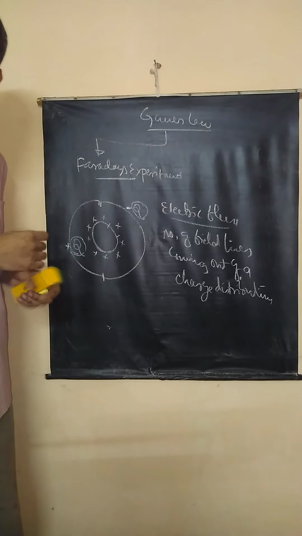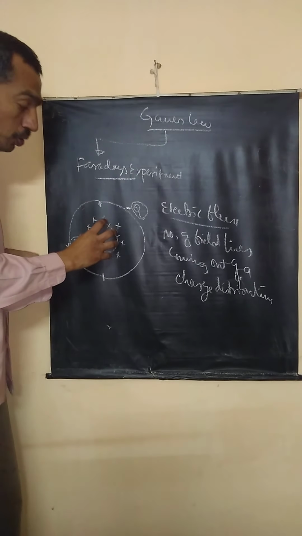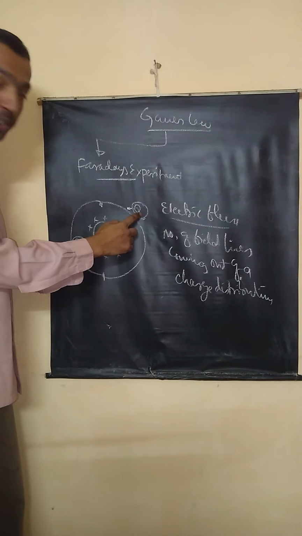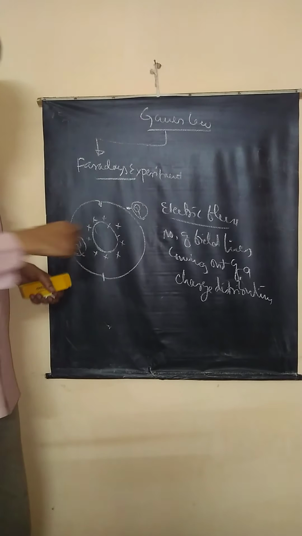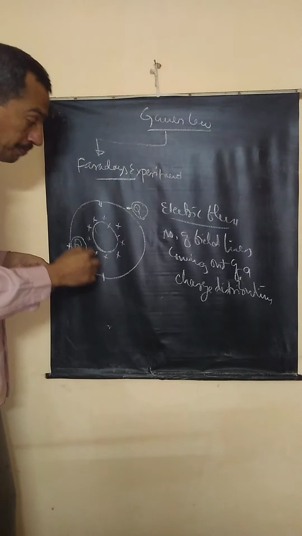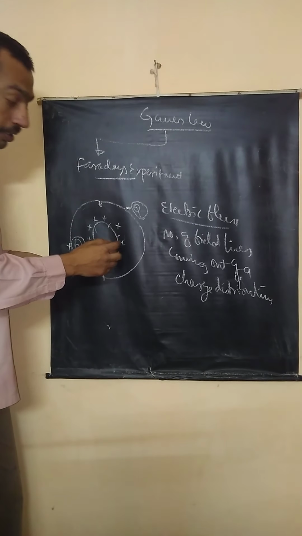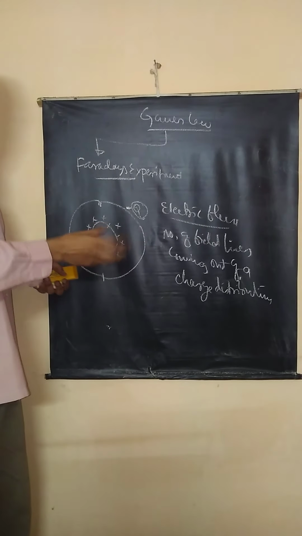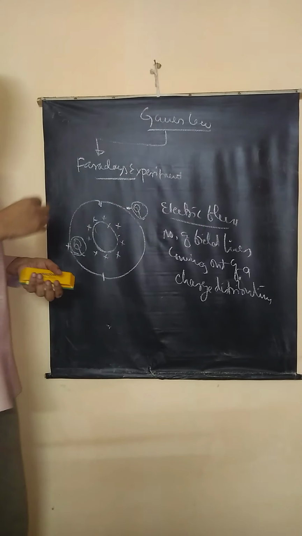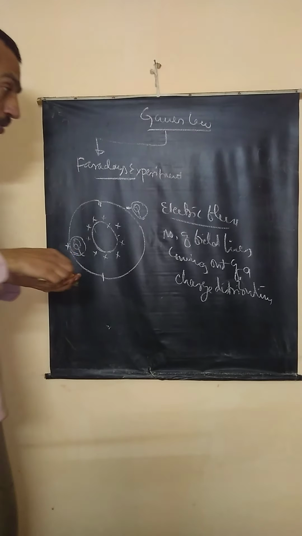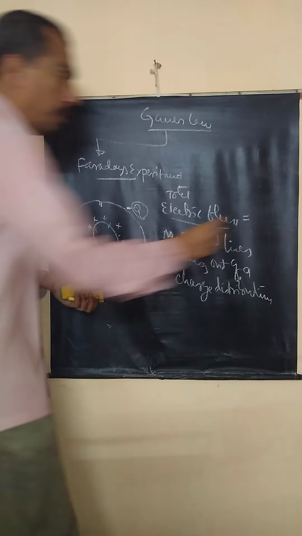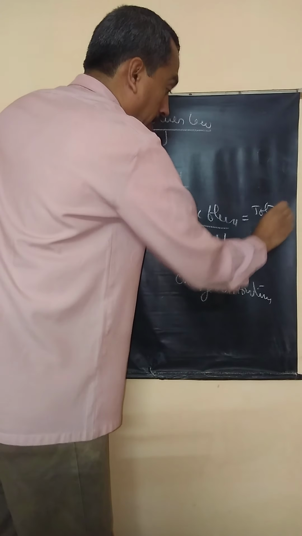same, correct? So he realized the total flux coming from a charge distribution is equal to the charge enclosed by the surface. Charge enclosed by a surface is equal to the total flux coming out in magnitude, because charge on this sphere was plus Q, here it was minus Q. So he showed total electric flux from a charge distribution is equal to total charge.